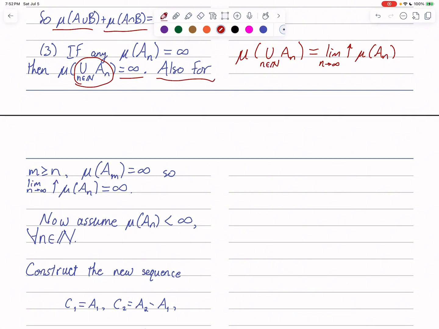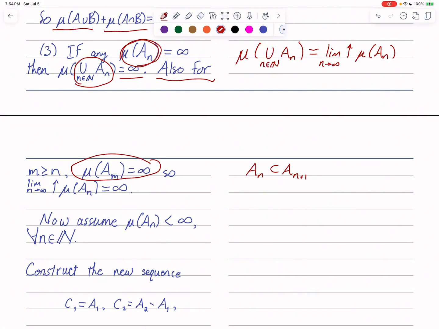Now also, let's think about the right-hand side. To show that the right-hand side is also infinity, notice that because we have this increasing chain, An is a subset of An plus 1. And so that means that every set after this particular n is a superset, and therefore its measure is equal to infinity.